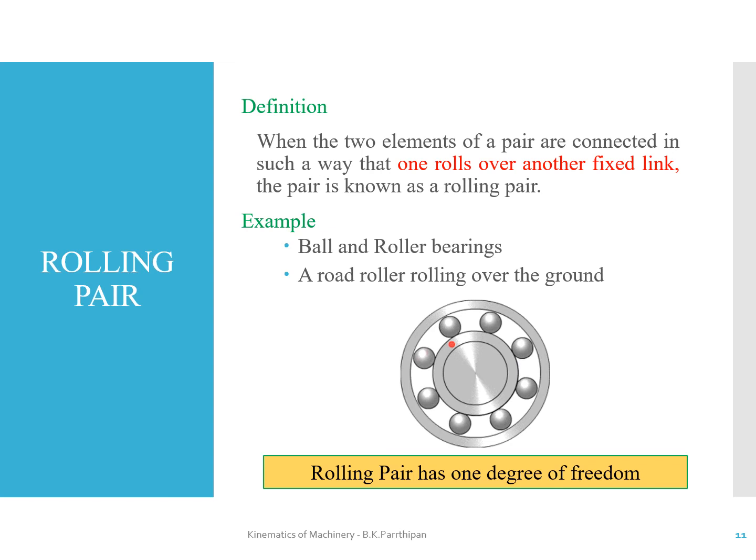So here let us consider this to be link 1 and this ball is considered to be another link. So the surface of the ball rolls over this shaft. So it forms a rolling pair. And a rolling pair has 1 degree of freedom.